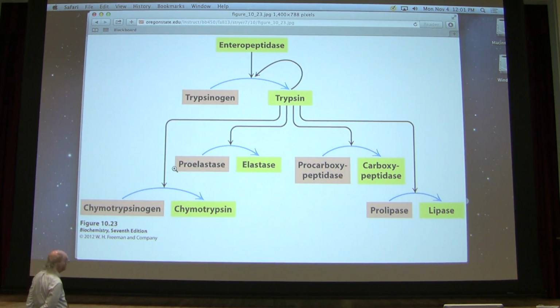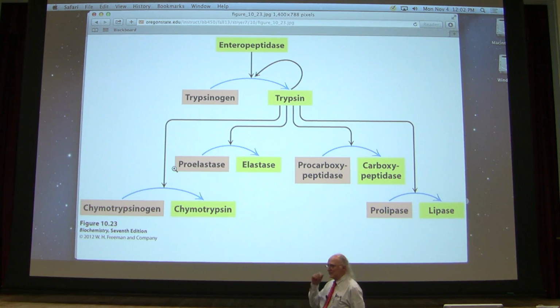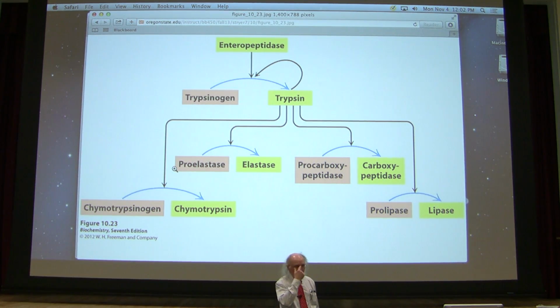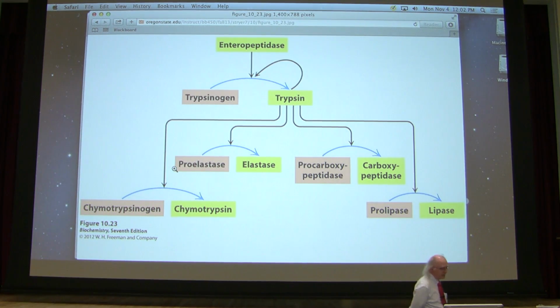But what this figure shows, I think, very nicely is how many enzymes, in this case, that are involved in the digestive process are synthesized in an inactive form. And as I noted last time, that was important because we don't want them attacking the tissue in which they're being made. So making them in an inactive form and then releasing them into the digestive system where they become activated by other enzymes that have already been activated turns out to be a very useful kind of a thing.